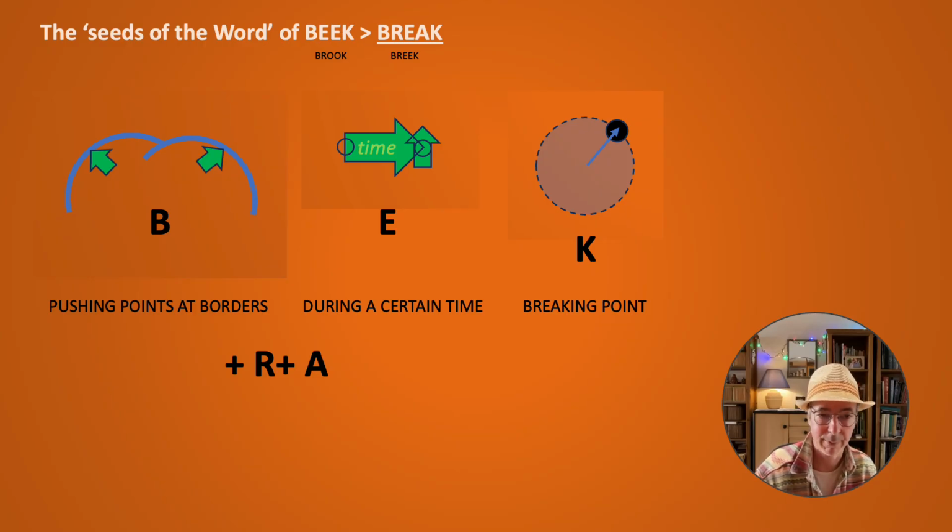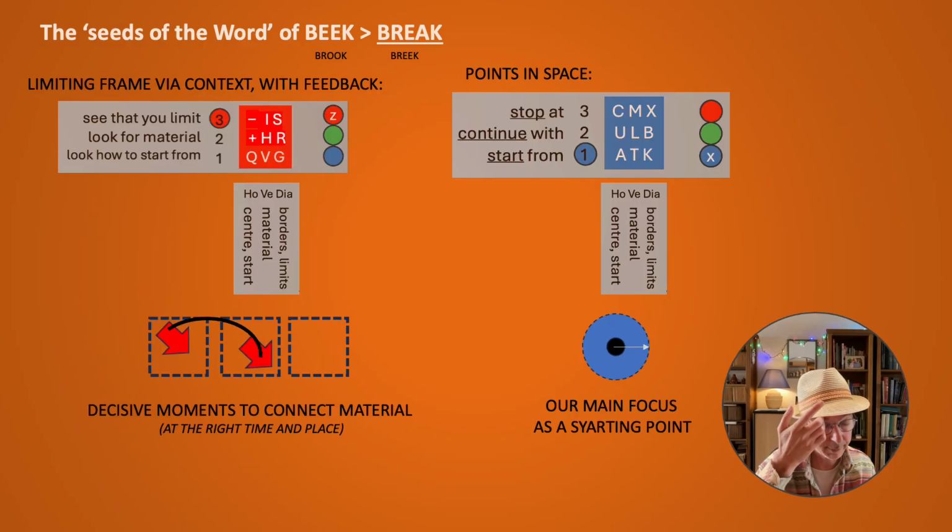So I will express what is the letter R, so that you can understand it well when we look it up in our system. It's a letter from the last category, which is about limiting frames via context and via feedback, the most difficult ones, because you have to figure out by positioning and by comparison where what do we have now and what is the regularity in what we see, so that we can still have an order there.